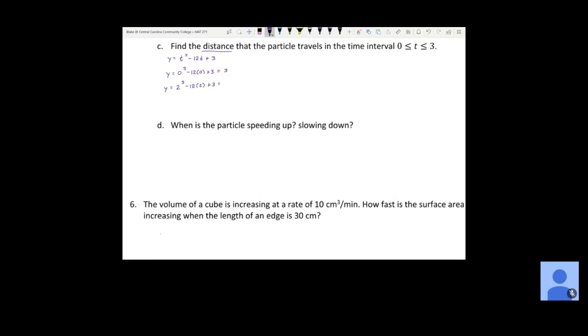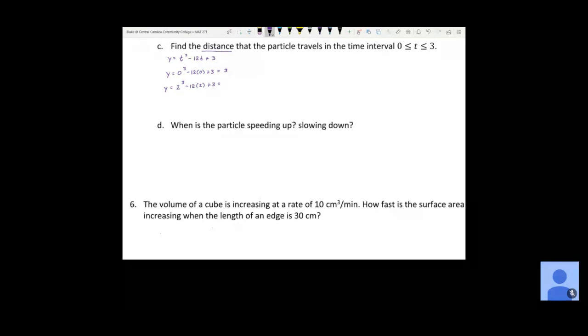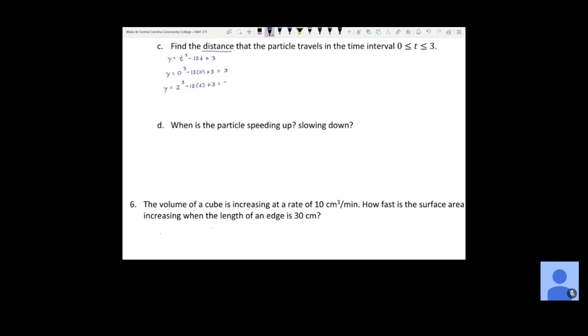So that's the beginning. We get 8 minus 24, which is negative 16, plus 3, which is negative 13. Now just find the distance between those two values.